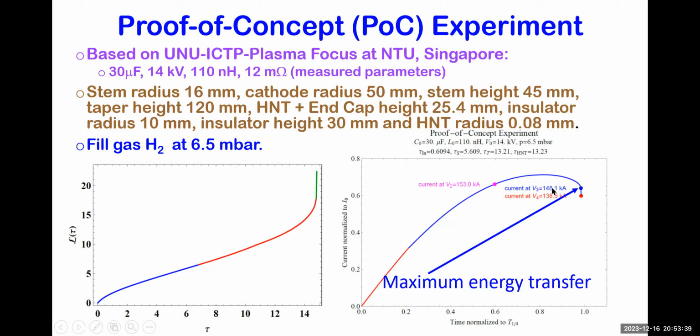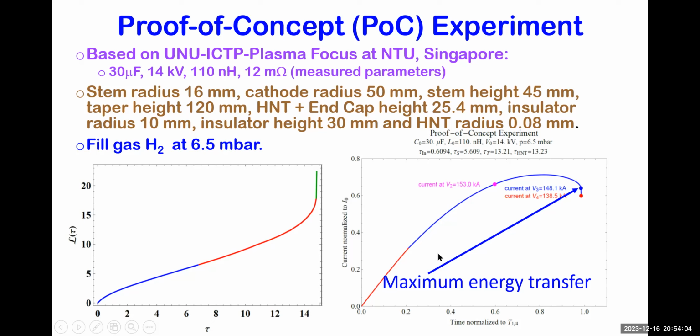So the kind of current which we are talking about is about 150 kiloamperes at the end of the taper, which is about 65% of I0 and 75% of the maximum short circuit current which the capacitor bank is capable of giving.